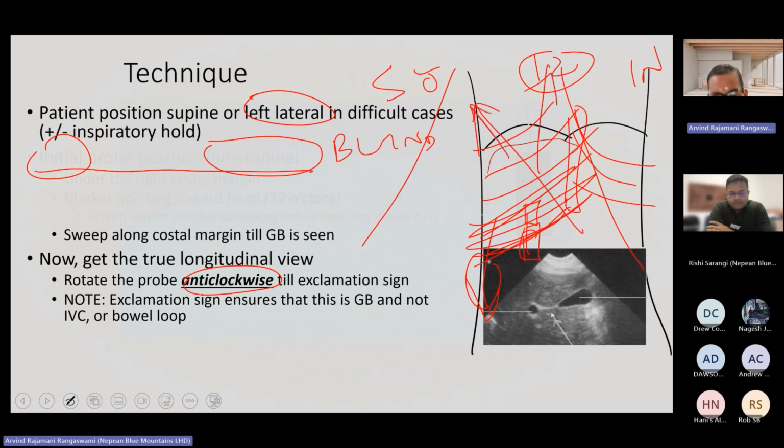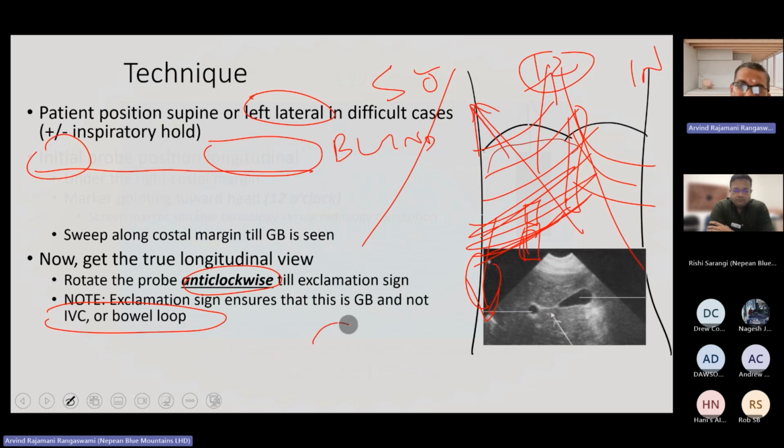It is extremely important to get this sign because you have other structures that are anechoic. The IVC is anechoic. The bowel loops, depending on the patient, if you have somebody with bowel obstruction, a bowel loop, especially the second or third part of the duodenum, you can actually mistake that for the gallbladder.